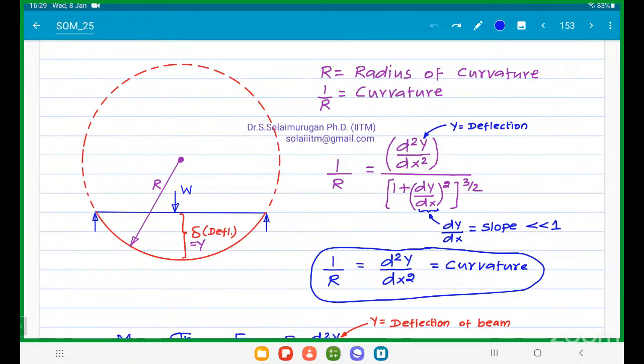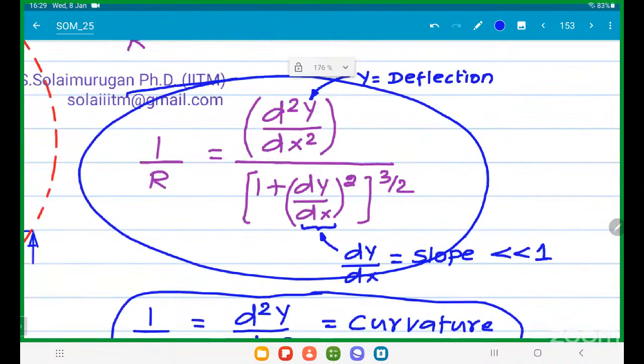Did you study this formula in the maths subject? Did you study this? Anyone? Differential equation chapter. Very famous example.